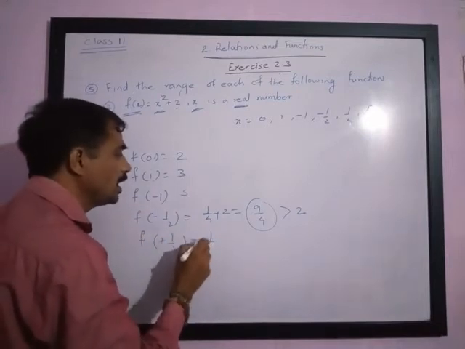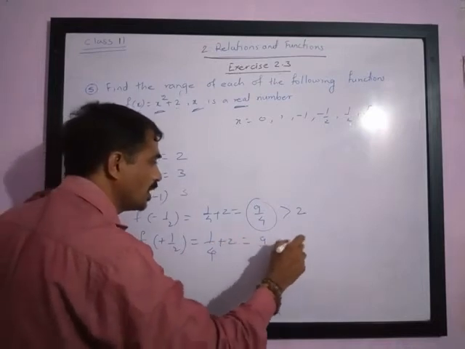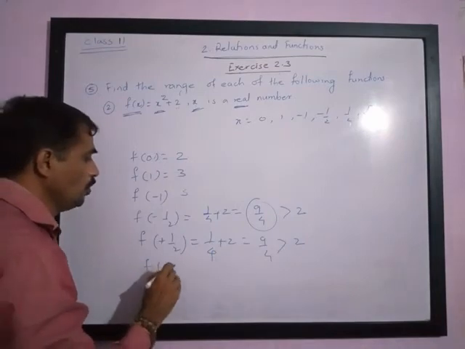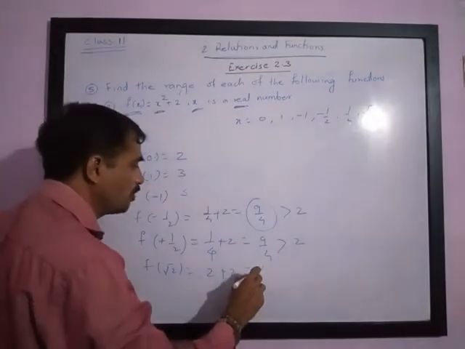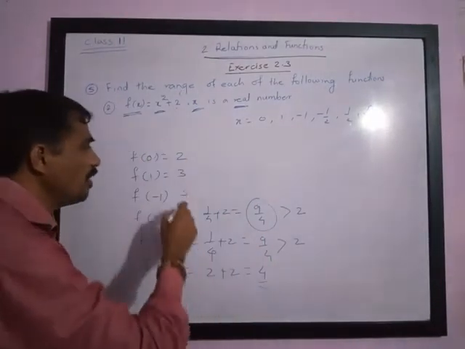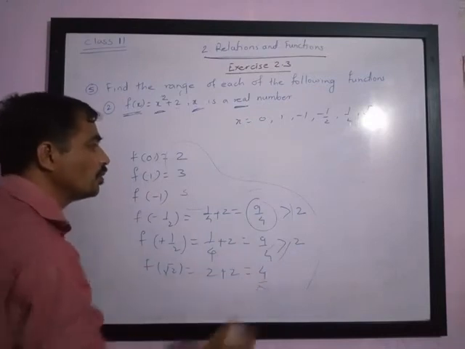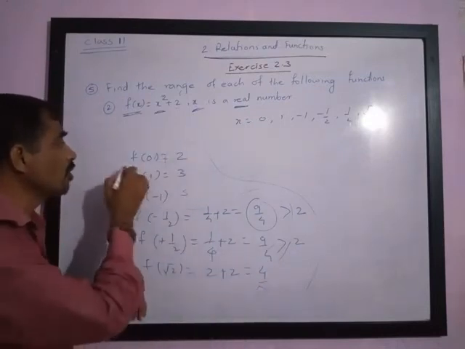Again you will get its square as 1 upon 4 plus 2, again 9 upon 4, which is greater than 2. If you take x is equal to root 2, f of root 2 is equal to root 2 square, which is 2, 2 plus 2, you will get 4. Please try to understand. All the values, if you notice, f of x, they are greater than or equal to 2. 2 is the smallest possible value for f of x.